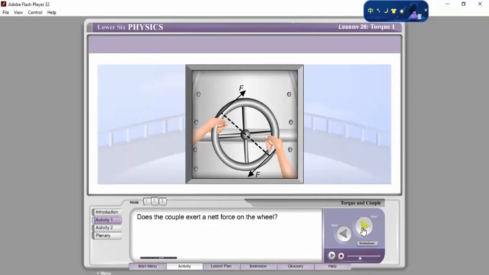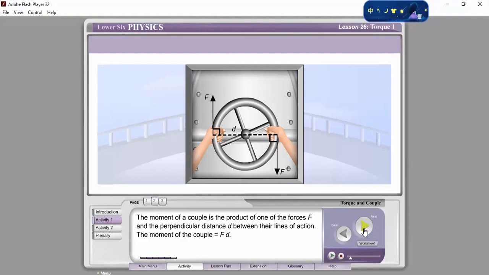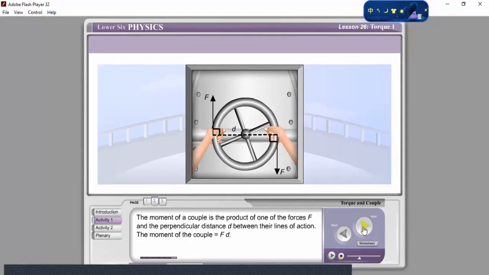Does the couple exert a net force on the wheel? No, the couple does not exert a net force on the wheel, even though it exerts a torque. The moment of a couple is the product of one of the forces F and the perpendicular distance d between their lines of action. The moment of the couple equals Fd.